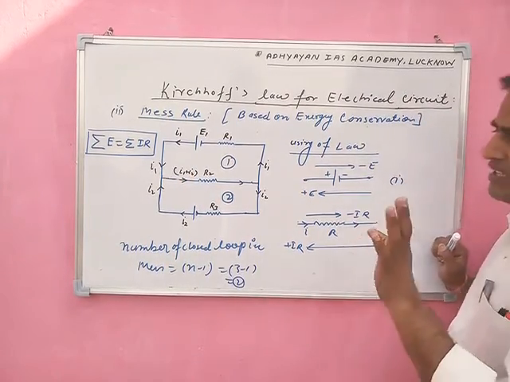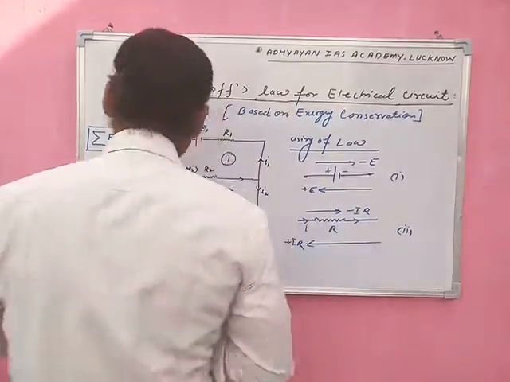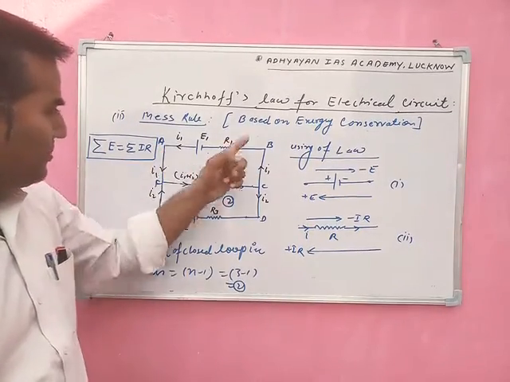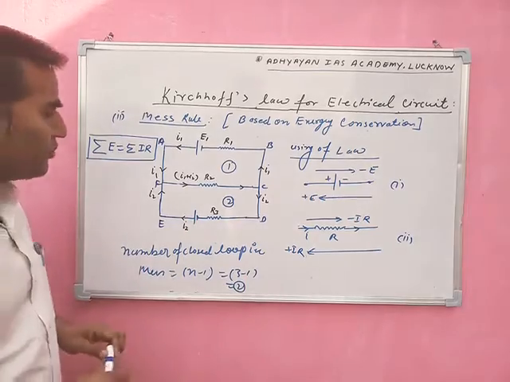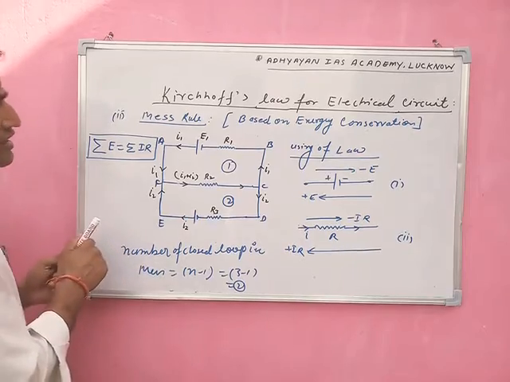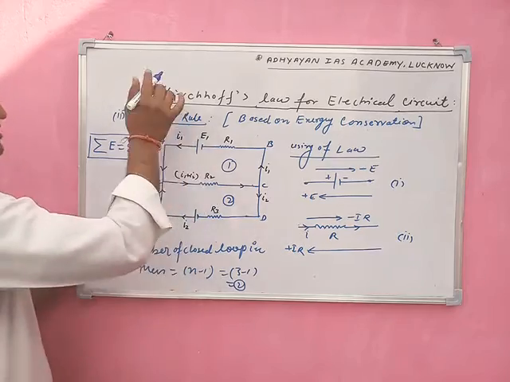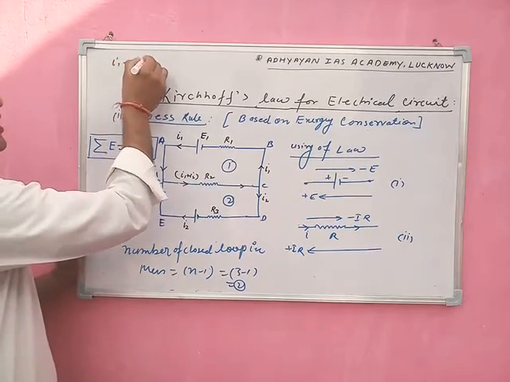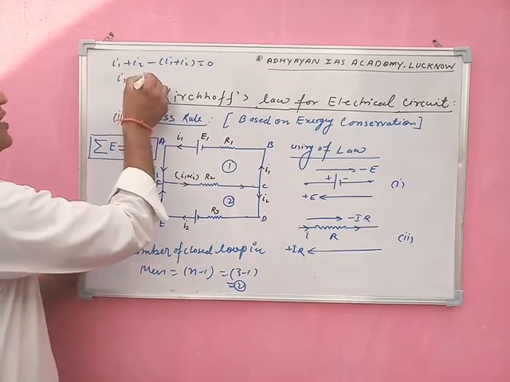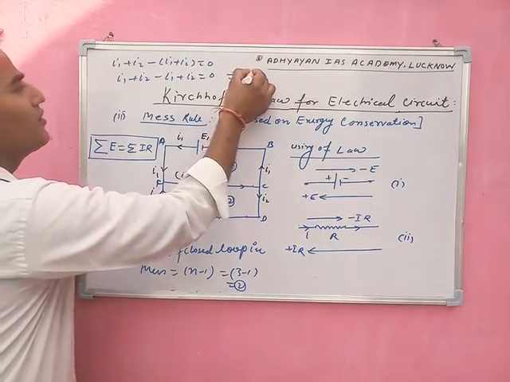To verify Kirchhoff's first law, naming the points A B C D E F for understanding, we verify the junction rule at junction F. Currents I1 and I2 come toward the junction, and I1 plus I2 goes away, so I1 plus I2 minus (I1 plus I2) is equal to 0, so the net is 0.